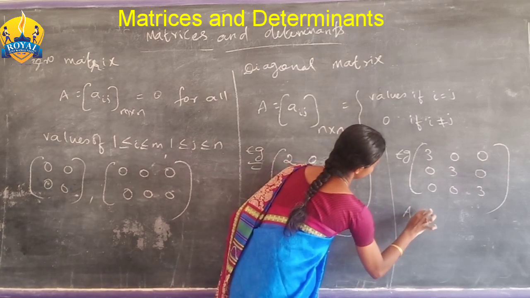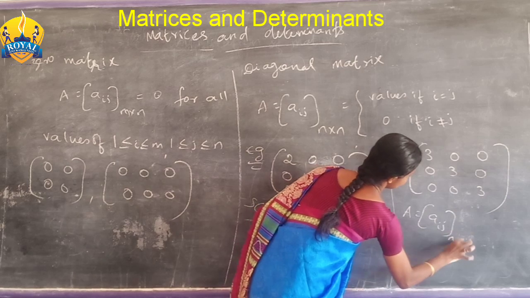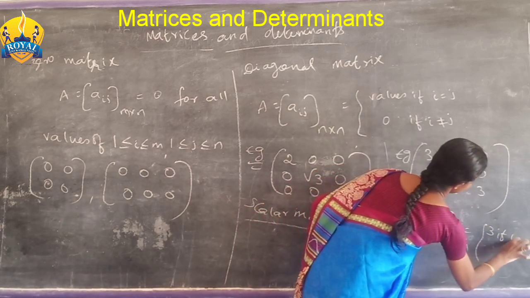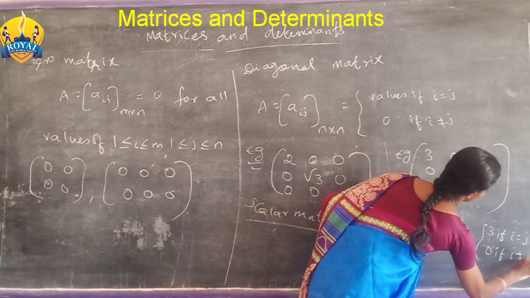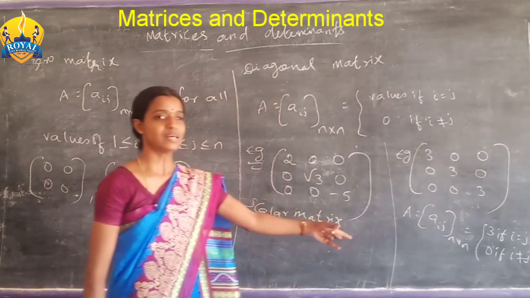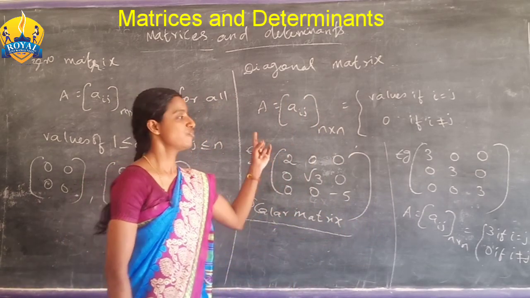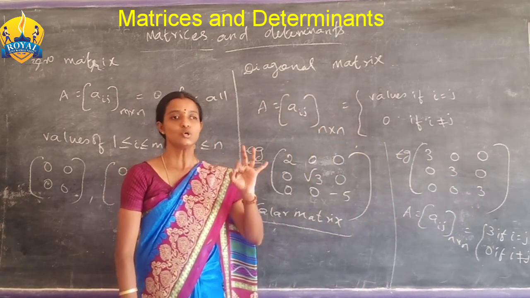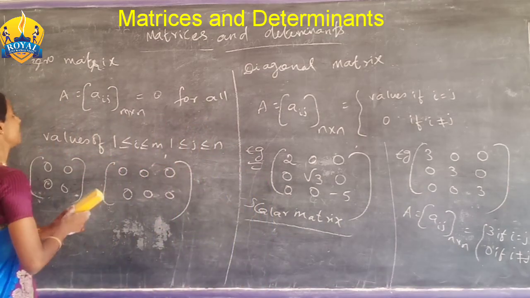So here I can write A equal to Aij, a square matrix, will be equal to 3 if i equal to j, 0 if i not equal to j. I can define it like this. So a diagonal matrix is said to be a scalar matrix if all my principal diagonal elements are equal to some value.